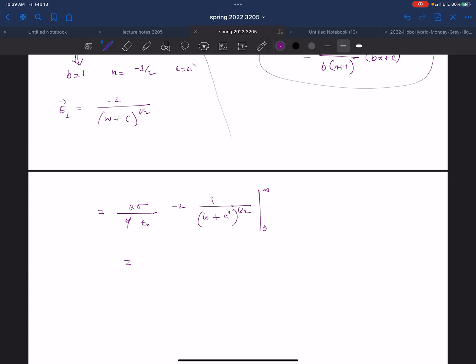So I end up with minus a sigma over 2 epsilon naught times 1 over infinity to the 1/2 minus 1 over a.